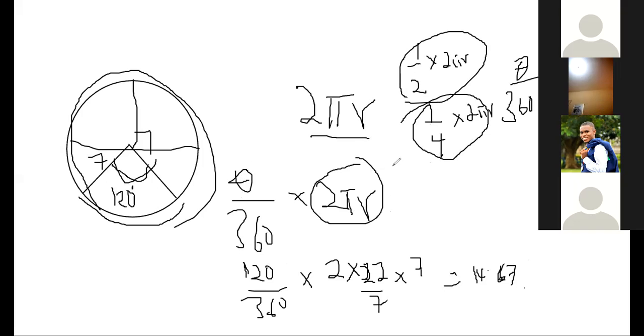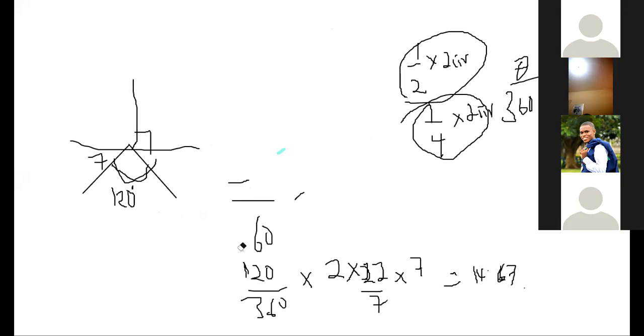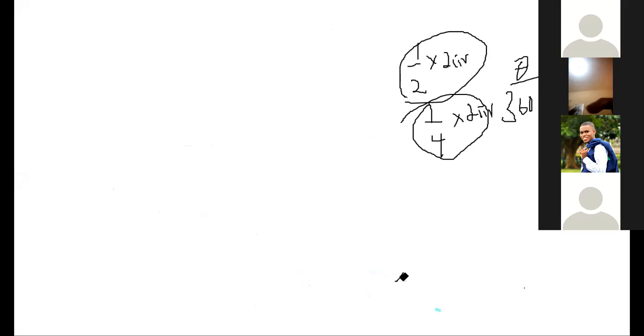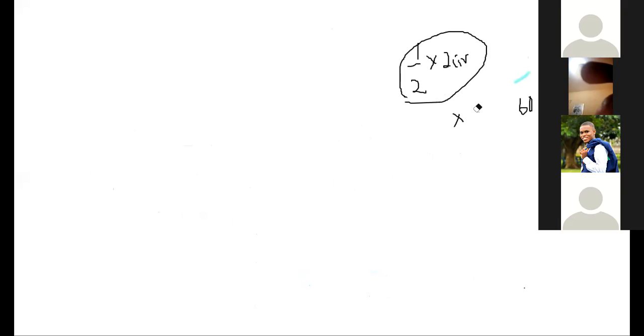Okay, Basira says, hey, is it she or he? Okay, Basira says he is confused. Where exactly are you confused? Can you pinpoint the exact part that you are confused about? If you can ask your question, I would explain it for you to understand it well. Is that okay, Basira?